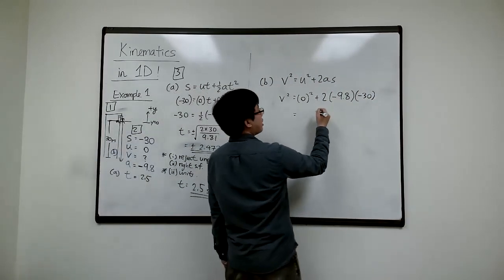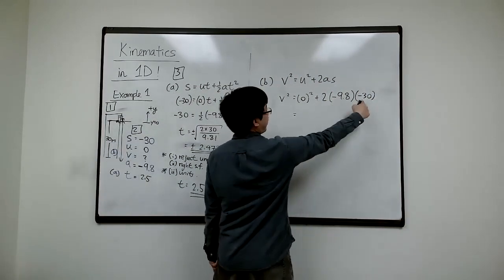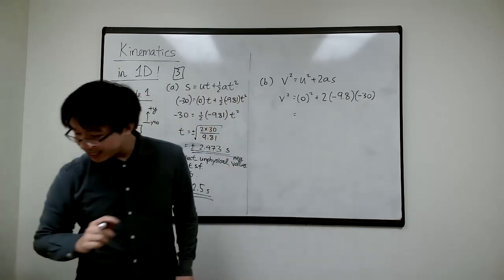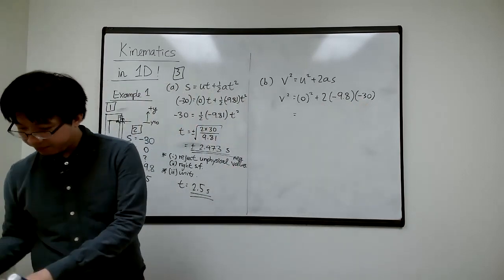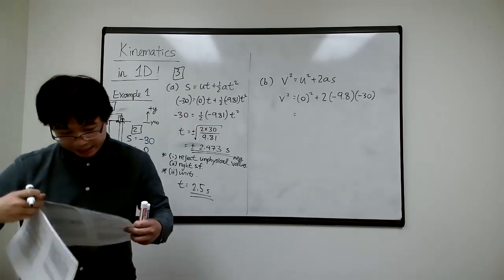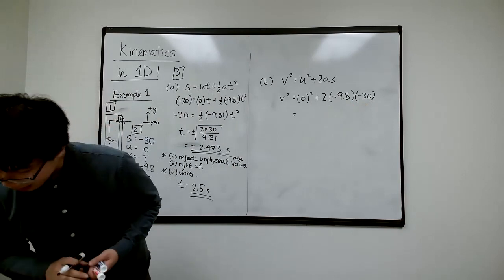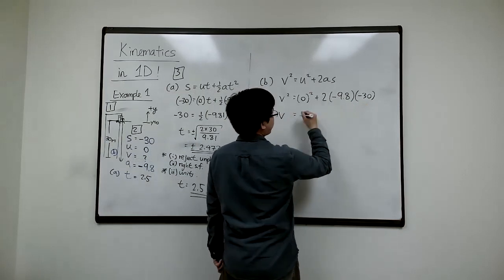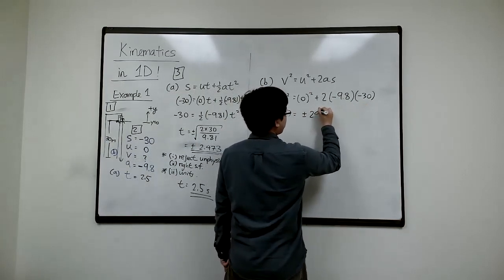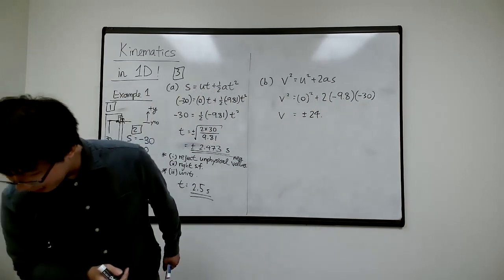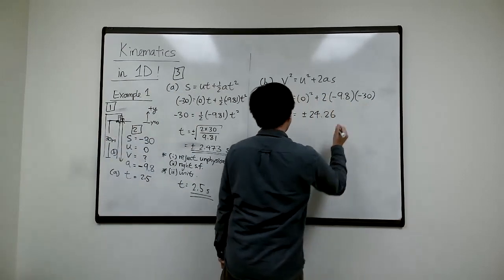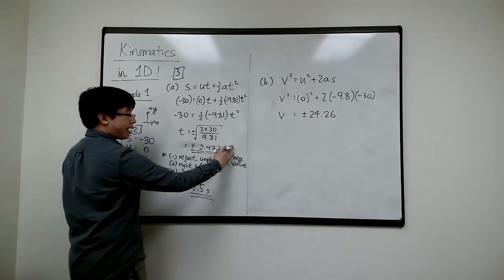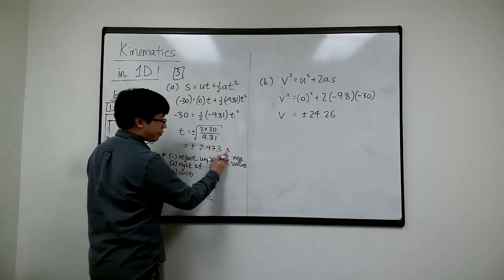If you miss one, you won't get positive here, and that's problematic, right? And let's see, what's the number I get? I get 24. So once you do the square root, you get plus or minus 24.26.